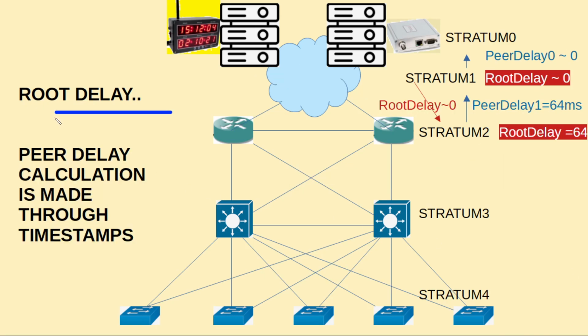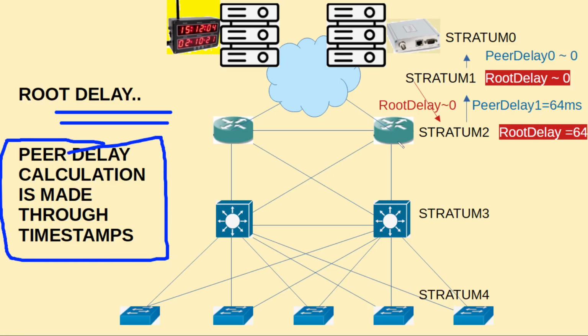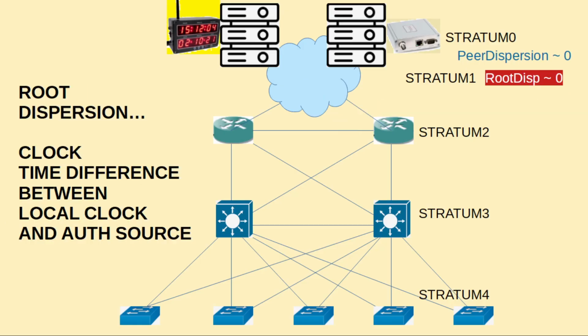Now remember that these peer delay calculations are made through the timestamps that are exchanged with NTP messages between client and server. Now let's talk about root dispersion.